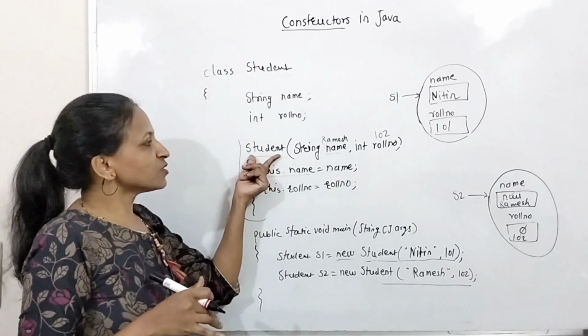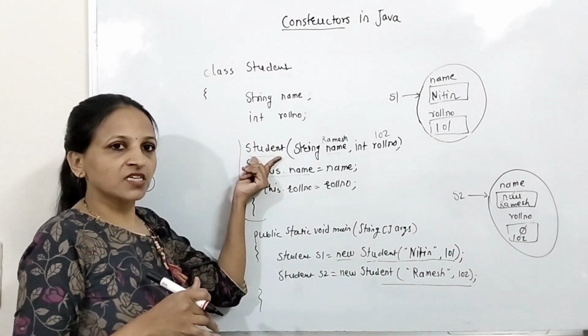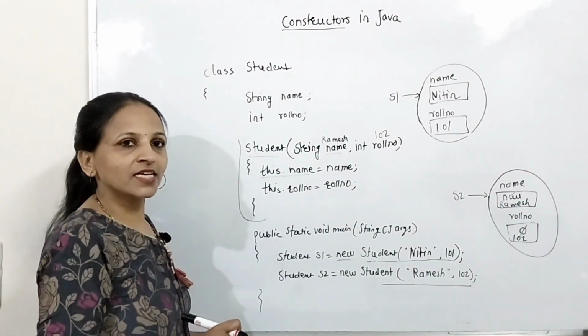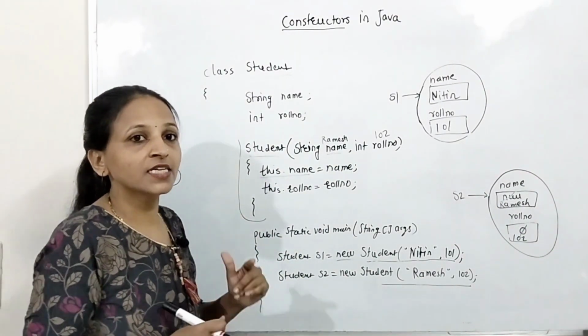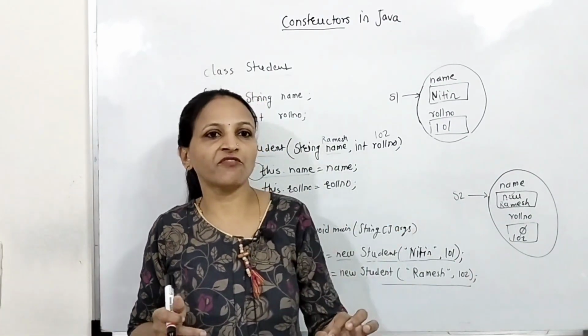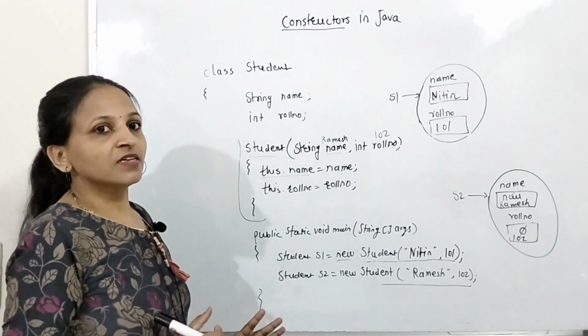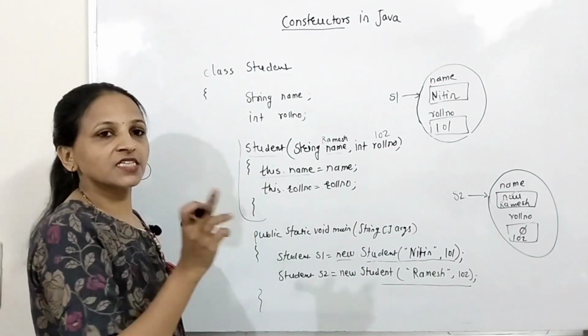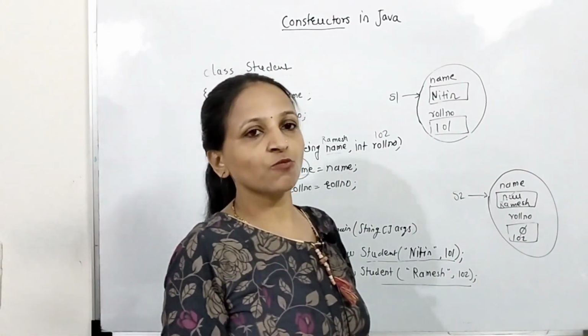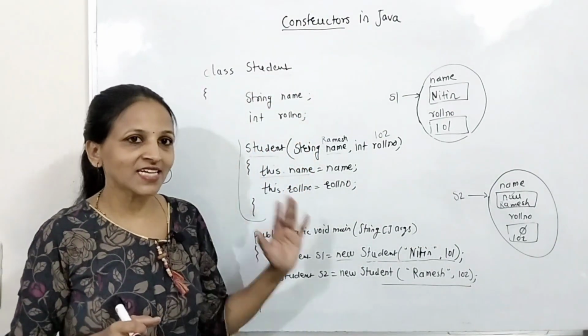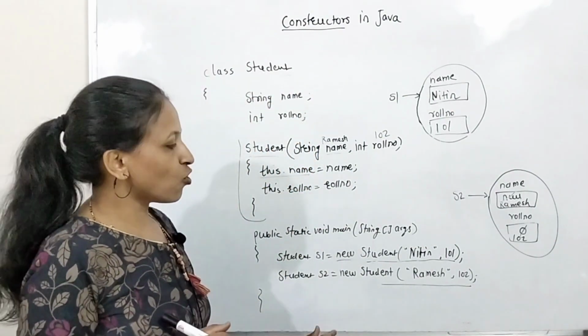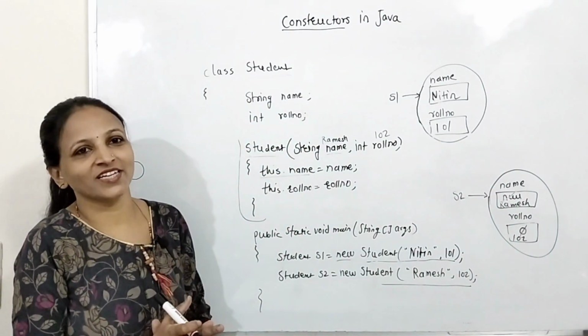The same access modifier is here for this constructor. Again I have not written anything. Whenever we are not mentioning any access modifier, then by default it will be the default access modifier. Default means package access, which means we can create an object in the same package only.